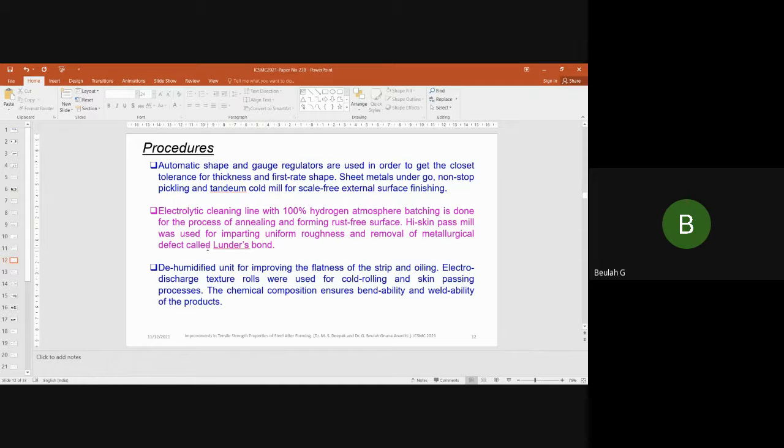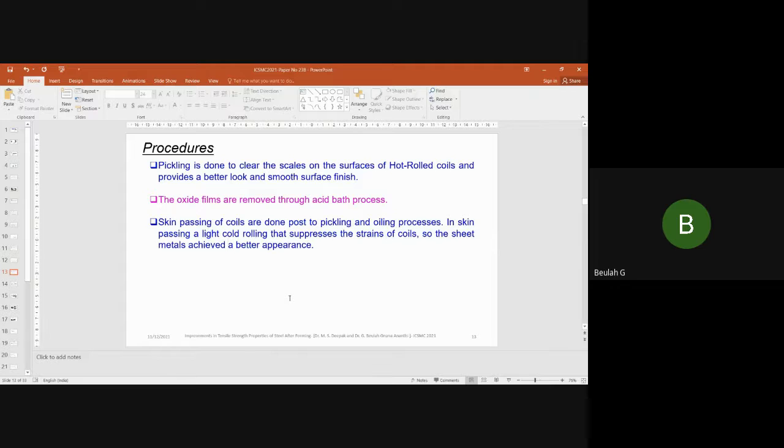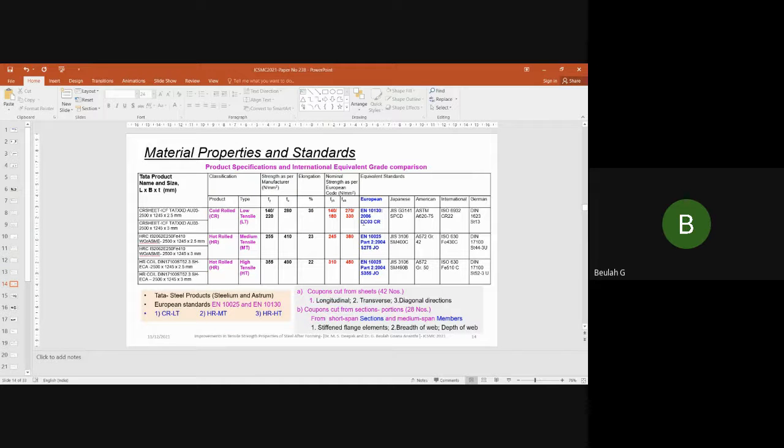You have to be very careful while cutting the samples based on the recommendations given by the European standards, without any rust formations on all the surfaces. Dehumidification units for improving the flatness of the strip, and oiling, must be done. The chemical composition ensures bendability and weldability of the products. You can also make note that the oxide films are removed through acid batch processes.